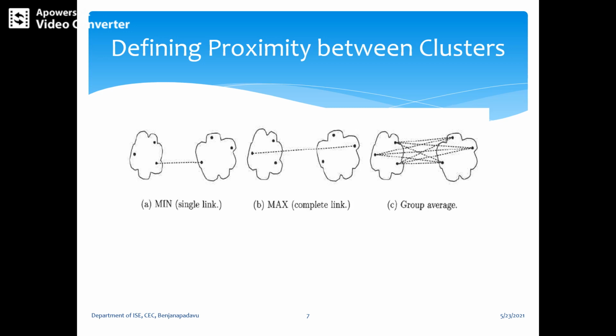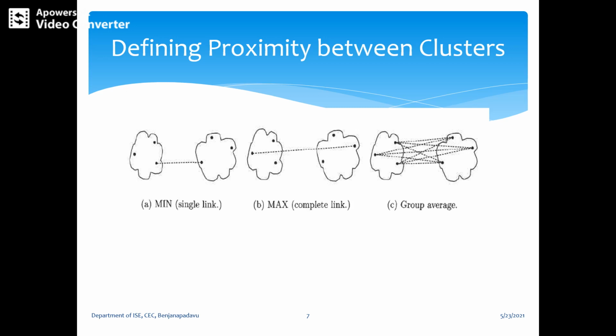Cluster proximity is typically defined with a particular type of cluster in mind. For example, many agglomerative hierarchical clustering techniques, such as min (single link), max (complete link), and group average link between all the points, come from a graph-based view of clusters.